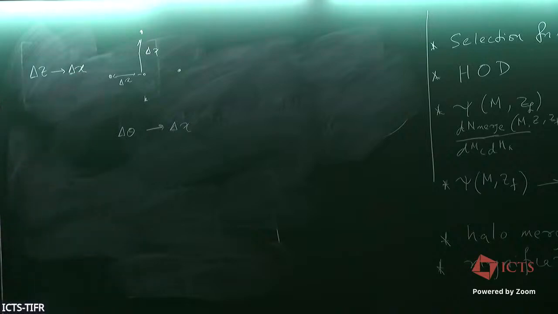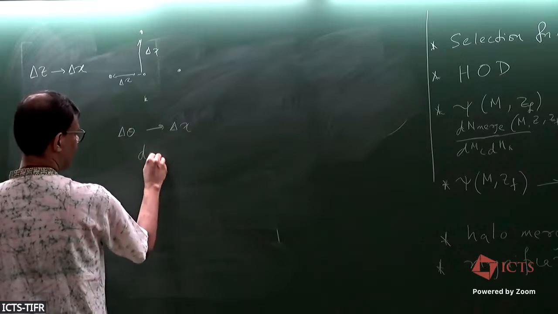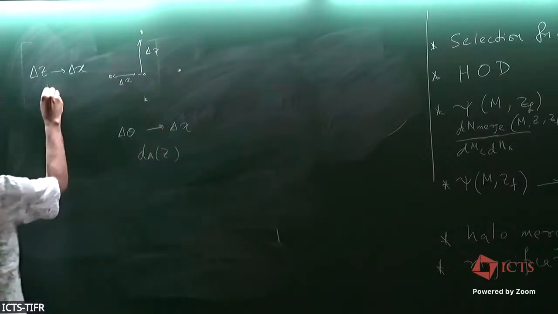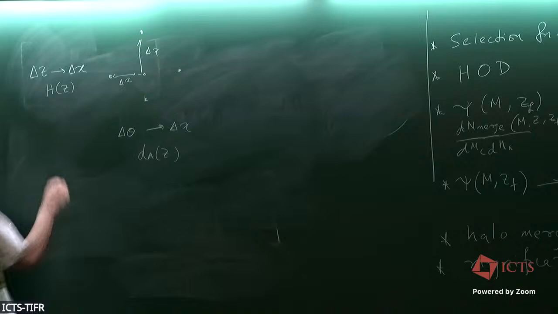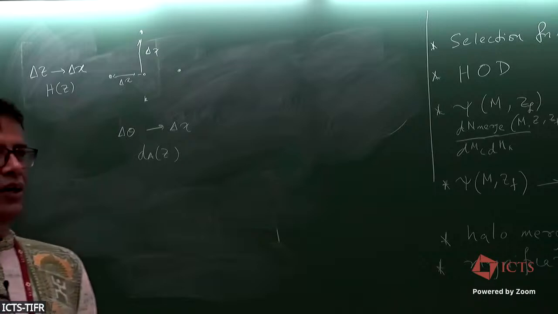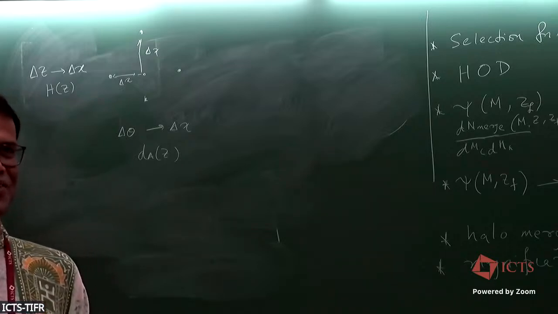And to do that, I have to assume a cosmological model. Why? Because here I will need the angular diameter distance, here I will need the Hubble parameter, and these are given in terms of h naught and omega m and omega lambda and whatever is in your cosmological model.